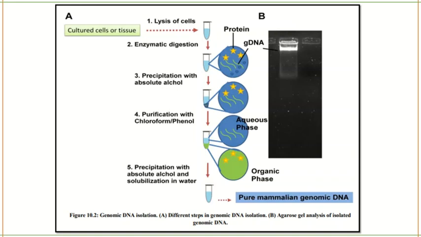To get the genomic DNA itself is a multi-step process, and every step has to be taken care of very much, because so many enzymes, so many reagents are involved. So these steps are involved in the separation of genomic DNA. And after you get the genomic DNA, you will have to check whether it is correctly genomic DNA or not. For that, you will run it in an agarose gel electrophoresis.